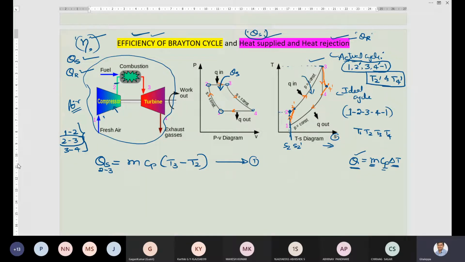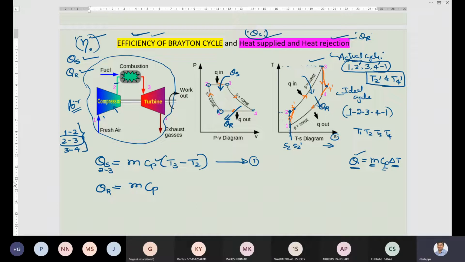Okay, very good. Next, similarly, we will write the expression for heat rejected. Heat rejected is which process? That is 4 to 1. 4 to 1 is heat rejected. Here 4 to 1 is the fourth process. Here is the heat rejected. So similarly, write the equation with m as it is, Cp. Why am I writing Cp here? Why not Cv?